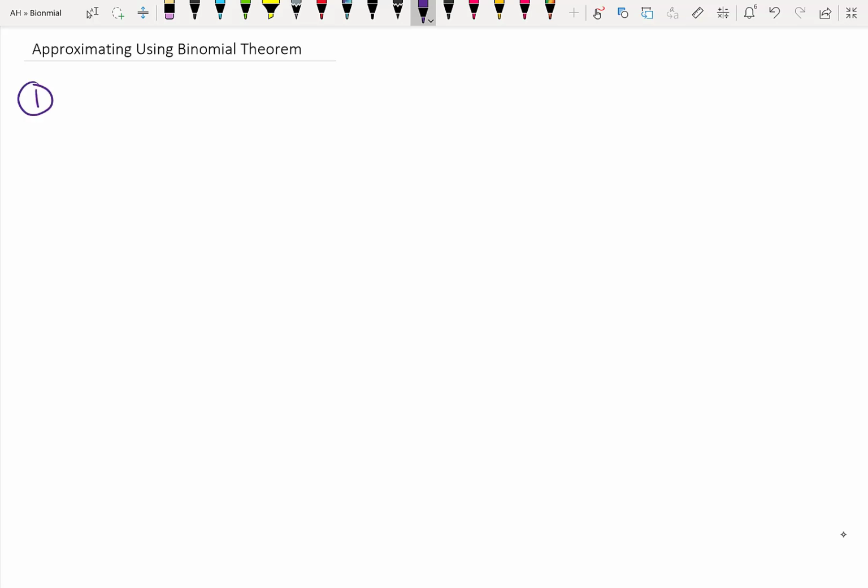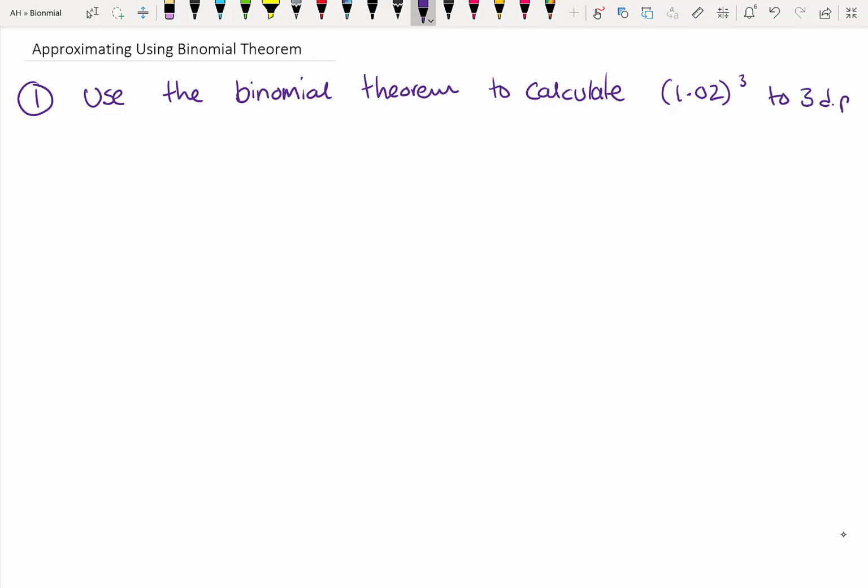Okay, so first example, we want to use the binomial theorem to calculate 1.02 cubed to 3 decimal places.